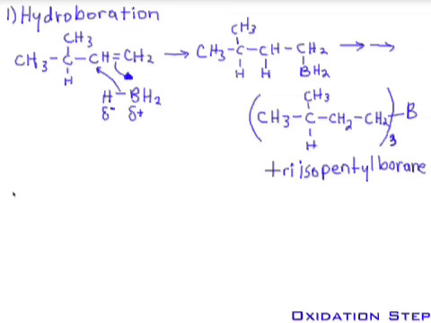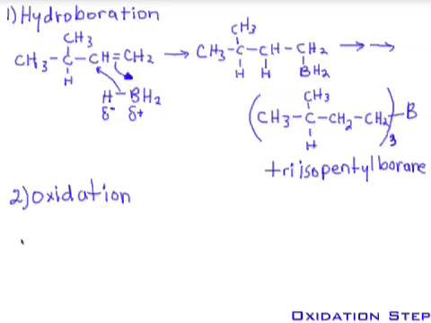Well, the second step is called oxidation. In the second oxidation step, we can take the trialkyl borane and react it with peroxide.